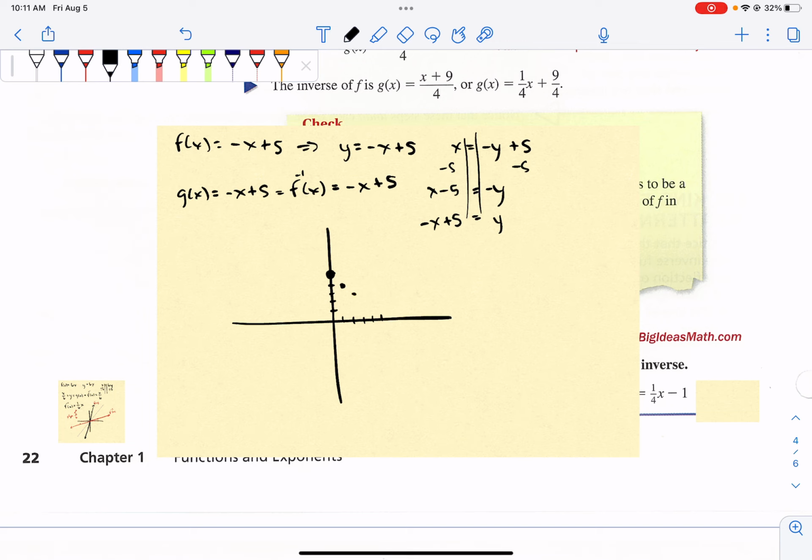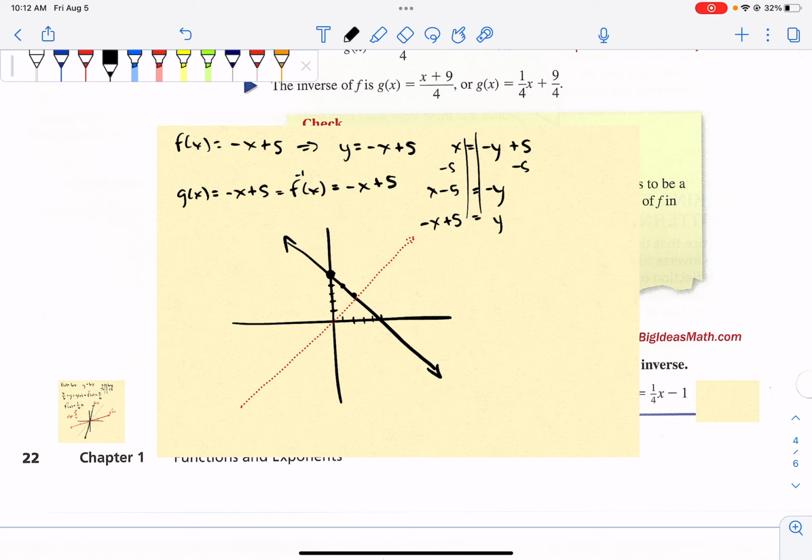So here's my original function. It looks something like this. Now this is an interesting one because if this is the line that I'm going to reflect over right here, notice that my function is perpendicular to that.